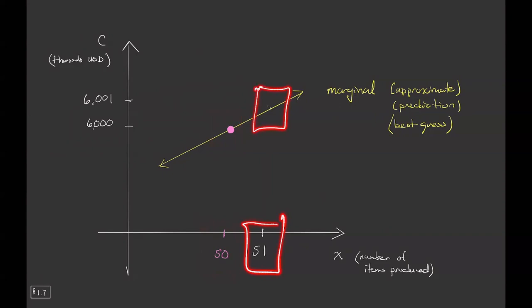Well, that will depend on the slope of the marginal tangent line, I guess. So it will depend on the slope of this line that you come up with, which comes from the marginal cost function, which is just the derivative.